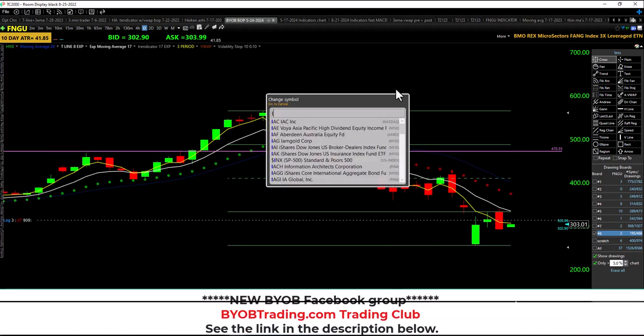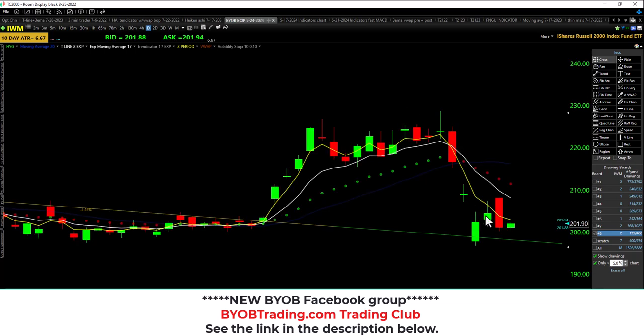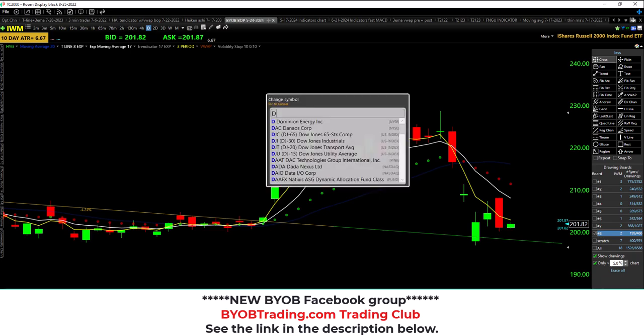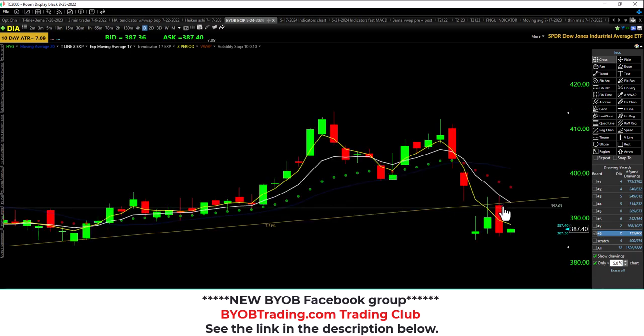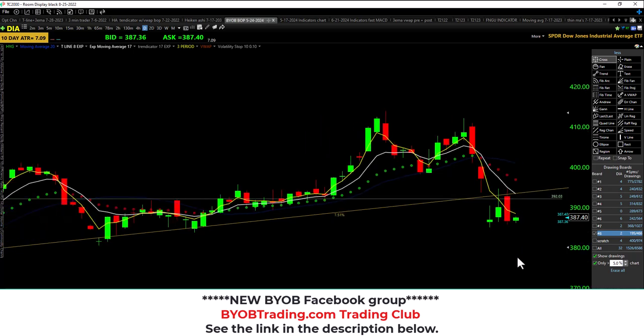IWM, same deal. Higher high, lower low, closing under the bearish trap, under the 17 EMA, still in a downtrend. Diamond Dow, again, another outside day closing under the trap, under the curling 17 EMA.